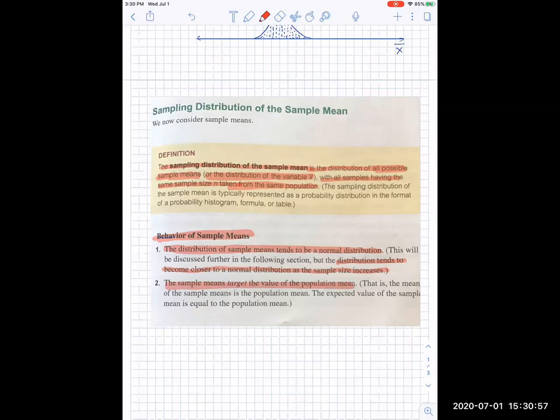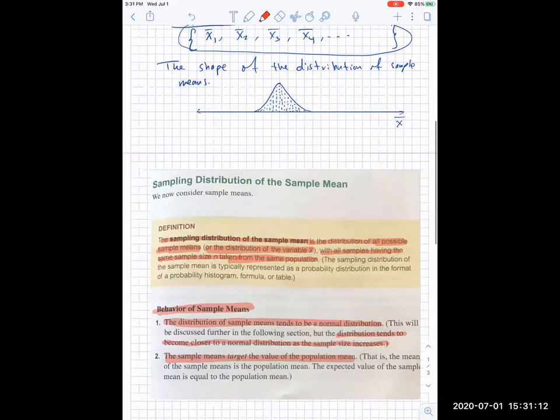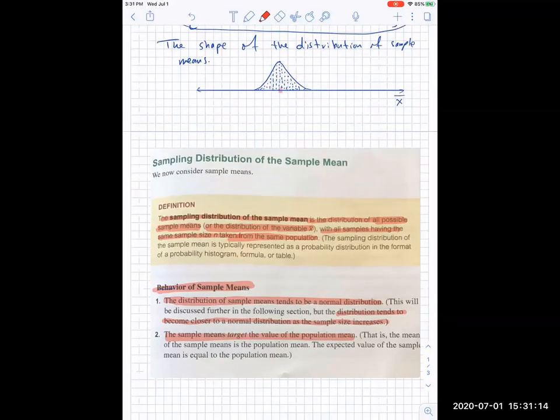It talks about the center of this normal distribution. The mean of the sample means is the population mean. So if I look at the center of this distribution of the sample means, the center, which is the mean of all sample means, is the population mean.